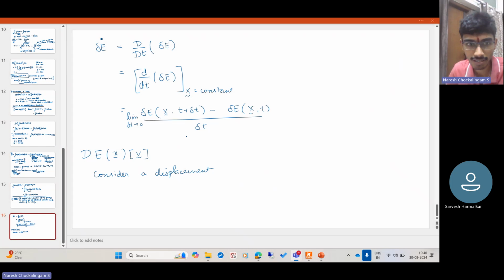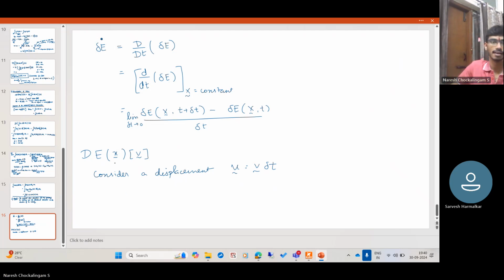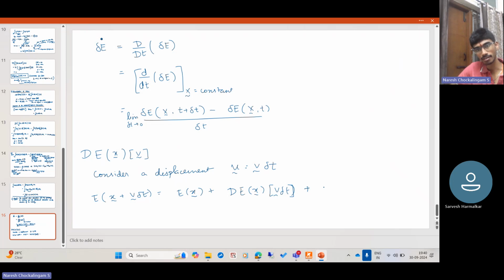So what I said here was consider displacement u as v delta t, and find the directional derivative. So you get E of x plus v delta t is nothing but E of x plus the directional derivative of E at the point x in the direction v delta t, plus the higher order terms.